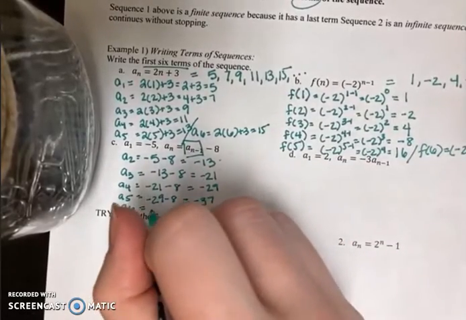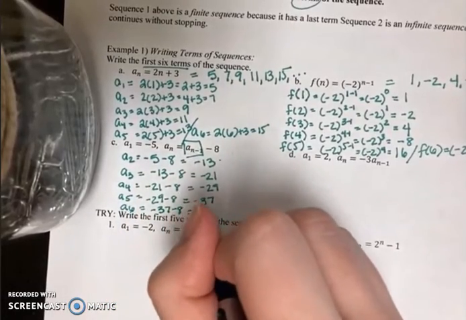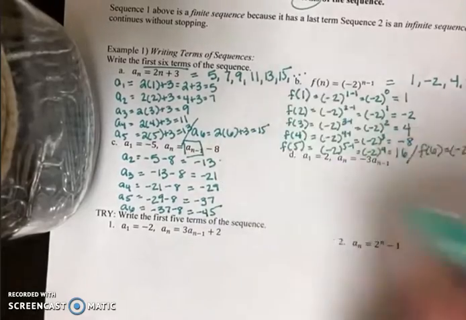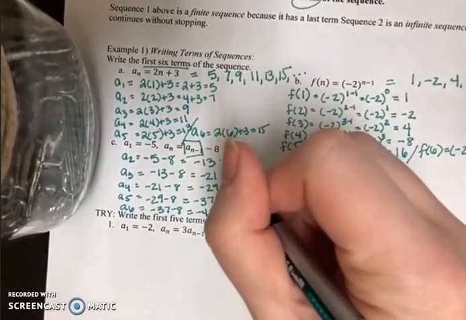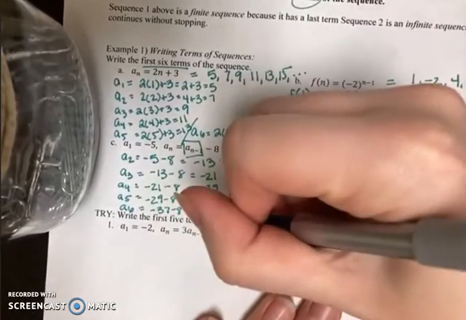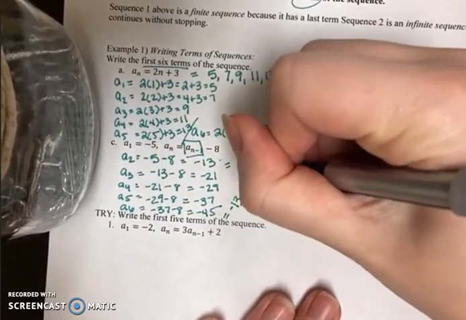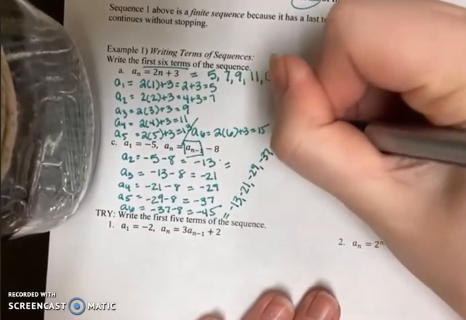Negative 37 minus 8 is negative 45. And then write your answer as a sequence, wherever there's room. Negative 13, negative 21, negative 29, negative 37, negative 45, dot, dot, dot.